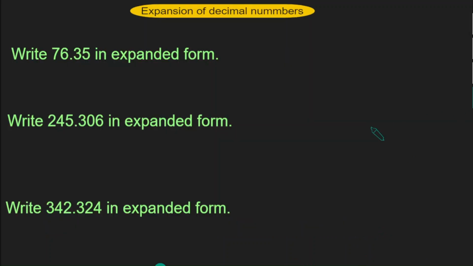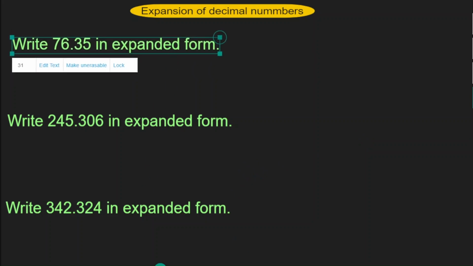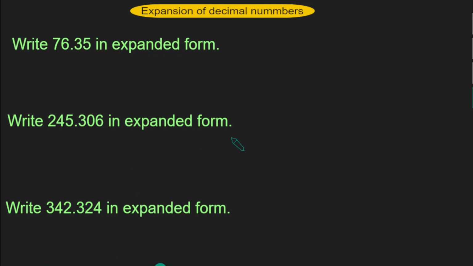As I told you earlier, we can easily expand decimal numbers. We have already done expansion in grade 5 or maybe grade 4 for whole numbers. Here, because it is a decimal number that comprises a whole number part and a fractional part, it is written like this. As I told you, the whole number part will be done first.